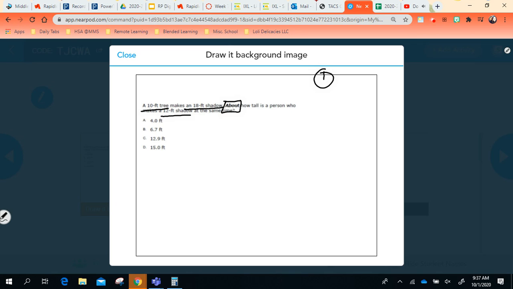Remember that magic phrase? Scale factor. You have to find your scale factor first. And then once I find my scale factor, I can find my missing side or person, however you want to put it. Missing information.